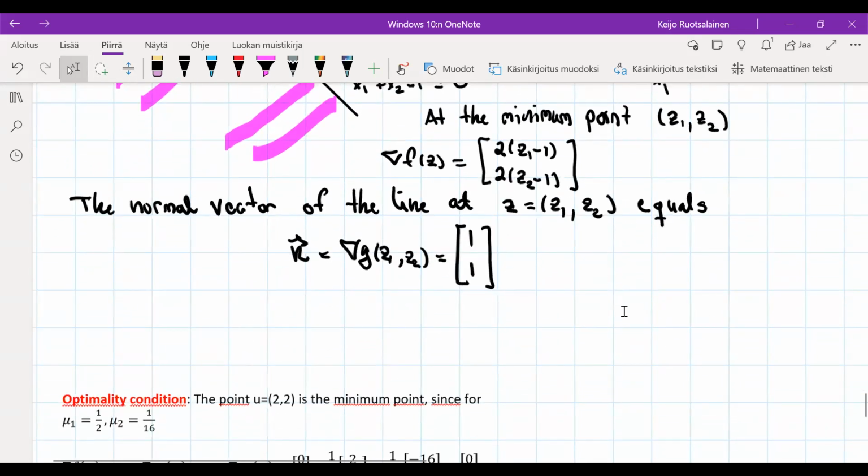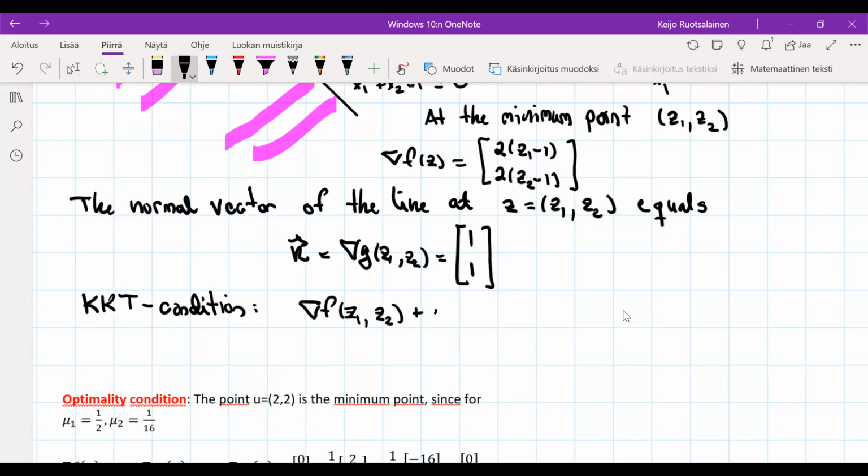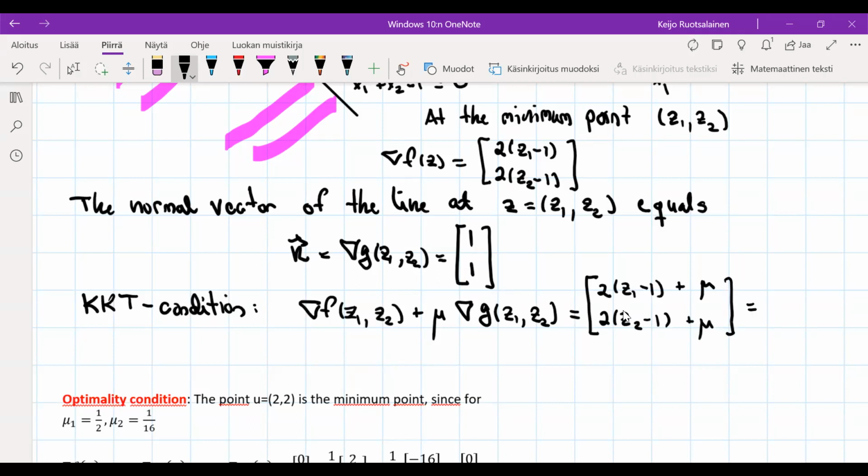So here also we must have the condition, and obviously this mu is positive.